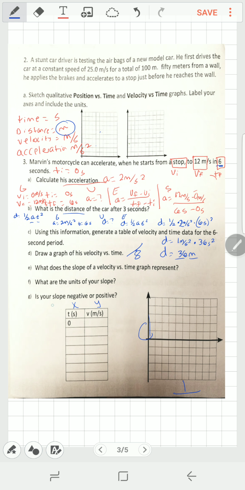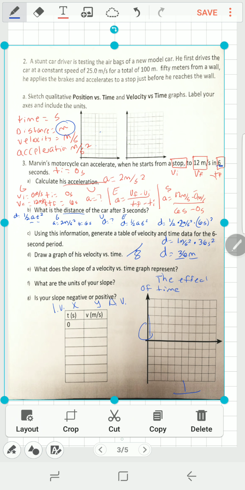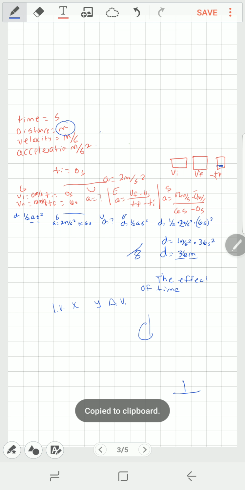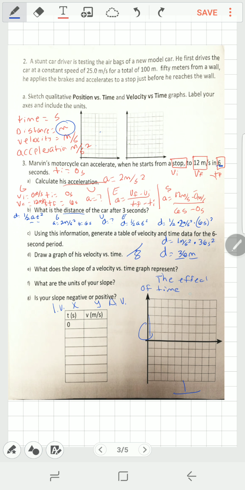So X is independent, and Y is dependent variable. And then you just write the effect of, well, what is T? The effect of time on, let's reverse that, time on velocity.